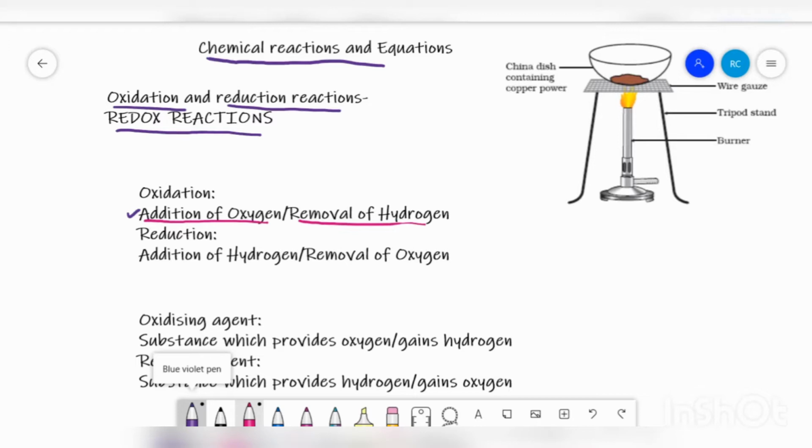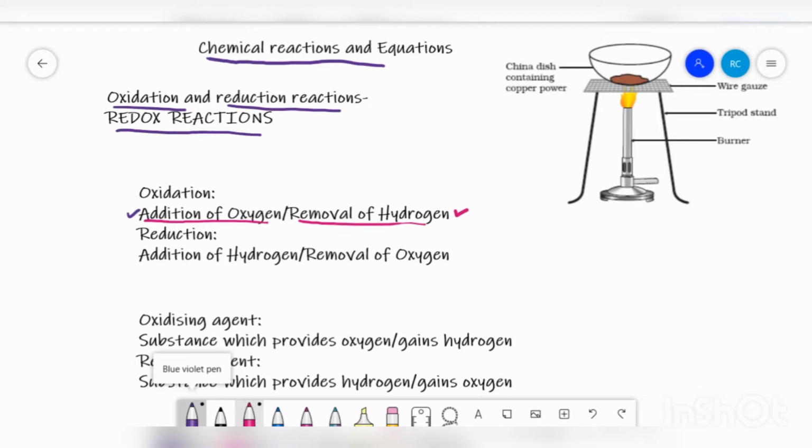In reactions in which oxygen is not involved, you can use the second definition, that is removal of hydrogen.